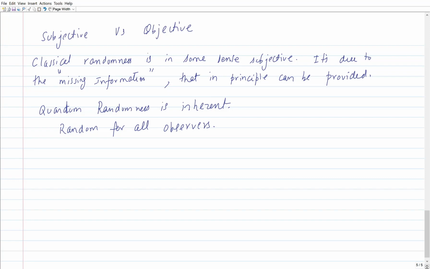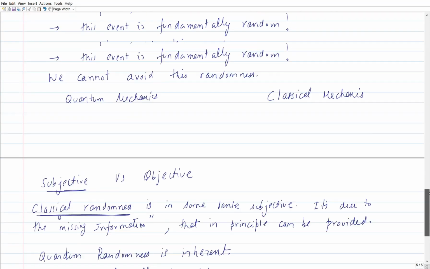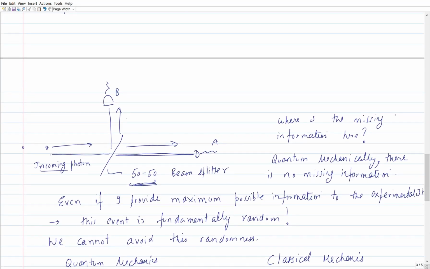So there is a subjectivity associated with classical randomness or classical physics, and that is because of the subjective knowledge of different observers. What we have seen quantum mechanically is that even if I supply the maximum possible information to the experimentalist in this experiment, I cannot avoid the randomness.